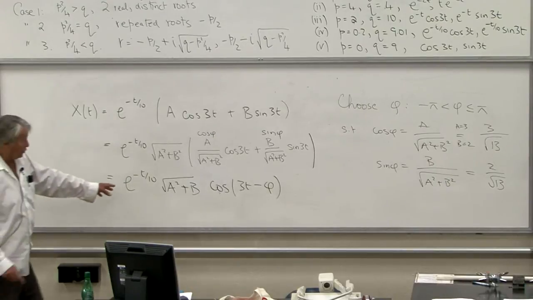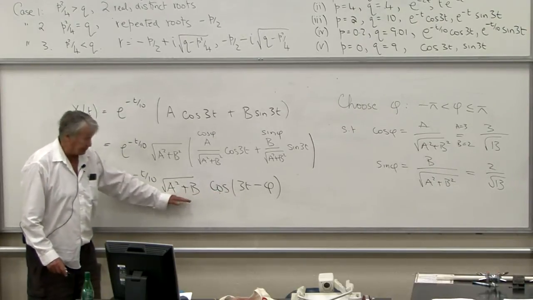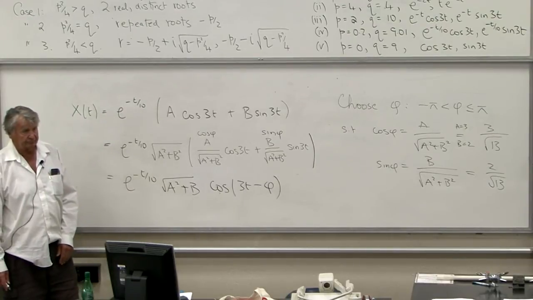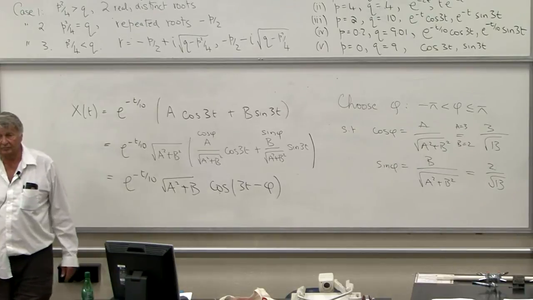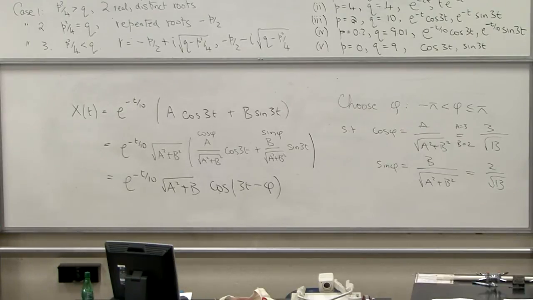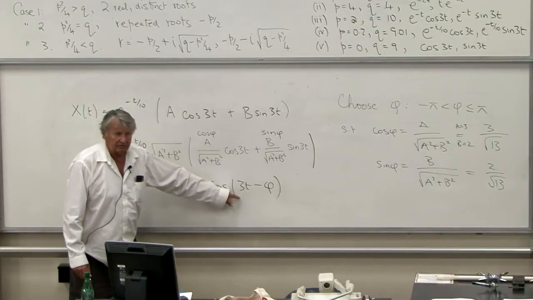Now, that you can picture because you have just an amplitude. You have an amplitude and you have this decay, but the cosine is wiggling up and down.